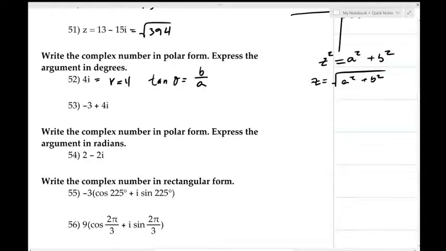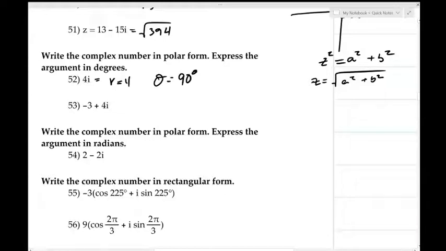Because this will be 4 over 0, and we cannot divide by 0. Therefore, it's going to be undefined. Now, where is tangent undefined? It's undefined at pi over 2 and 3 pi over 2, right? And since we know that the angle is 90 degrees, then theta is 90 degrees, right?